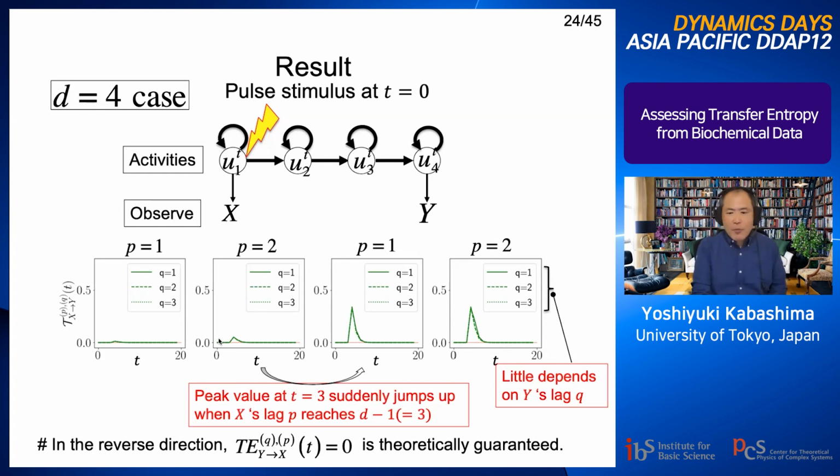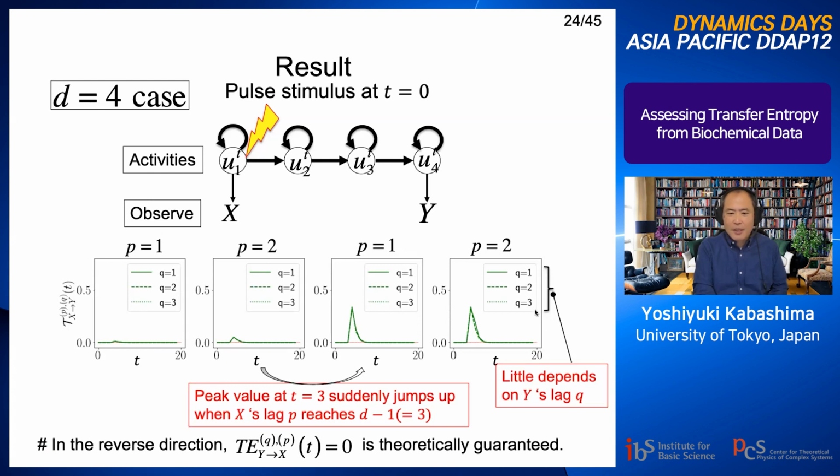These four panels represent the transfer entropy depending on the lag time of X and the lag time of Y, right? So P is the lag of X and Q is the lag of Y. Okay. Then we can see the following two characteristic features.